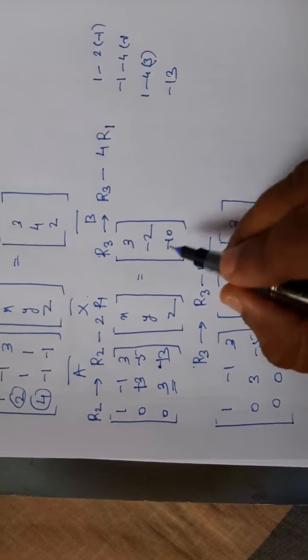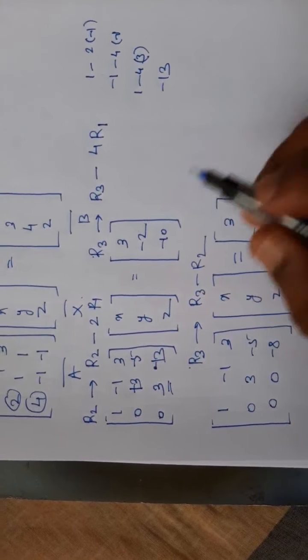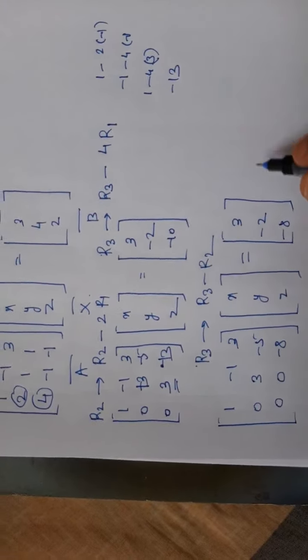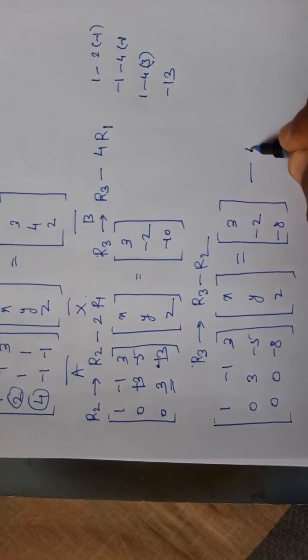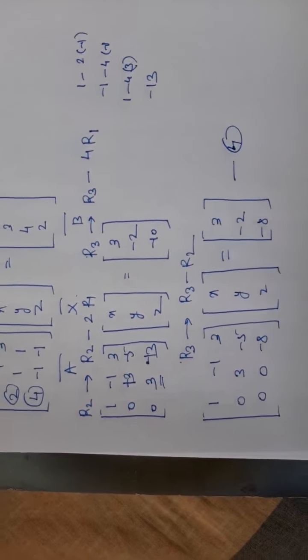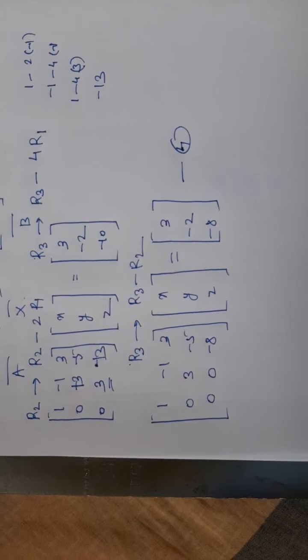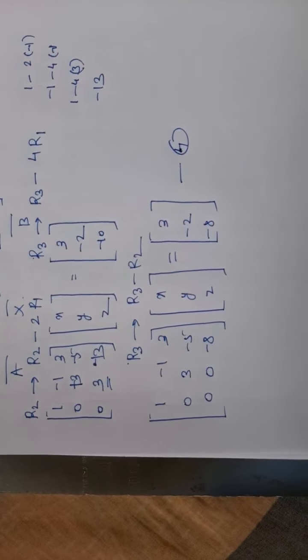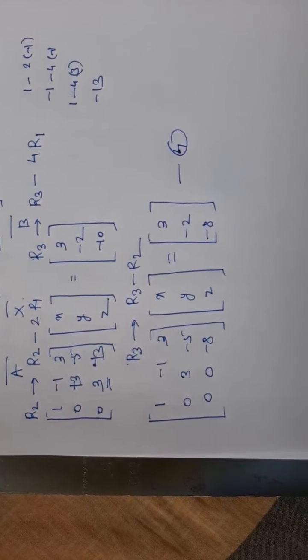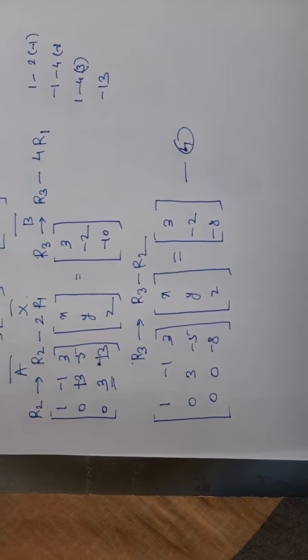So minus 2 minus 10, minus of minus 2 becomes minus 8. I will denote this as equation number 4. Now we can see the matrix is converted to an upper triangular matrix. So I will apply the back substitution method to get the values of x, y, z.